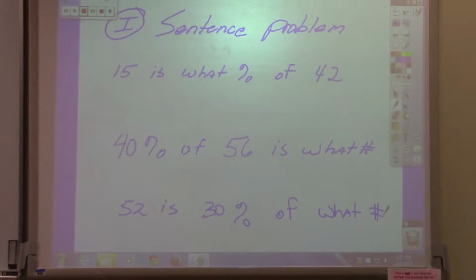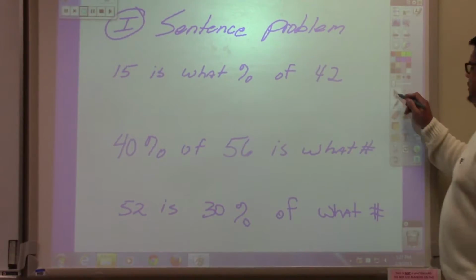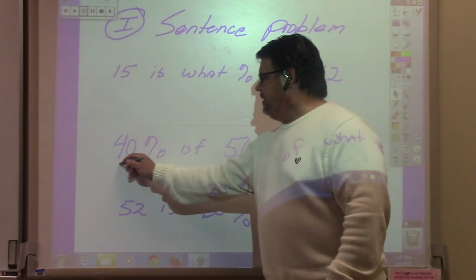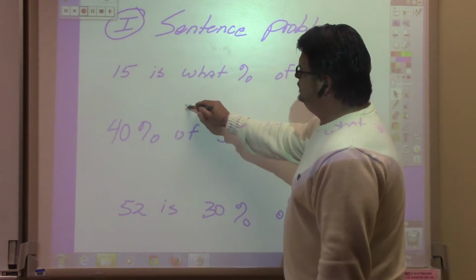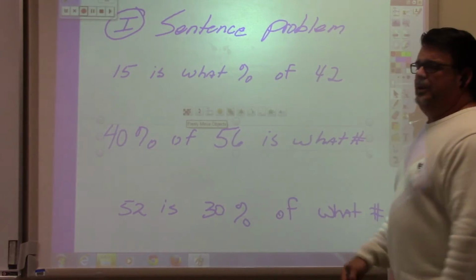If you notice, in 15 is what percent, the percent is X. In 40% of 56 is what number, the number is the X. And in 52 is 30% of what number, the "of" is the X. Those three things, you put them in a formula, and then all you have to do is plug and chug.